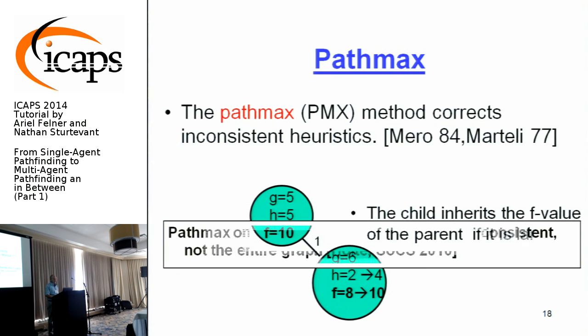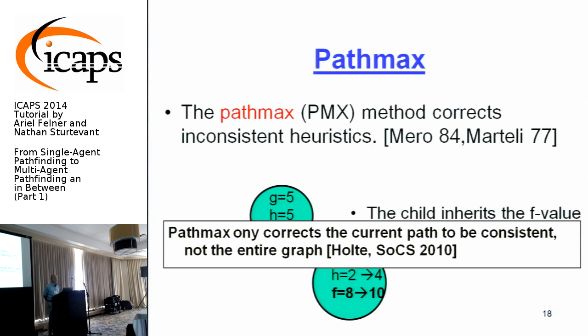Now, there is a misconception, and it was highlighted by Rob Holte in his famous misconceptions paper, and you are encouraged to look into that paper. There are a number of misconceptions, and Rob says, here's a misconception, here's an example.